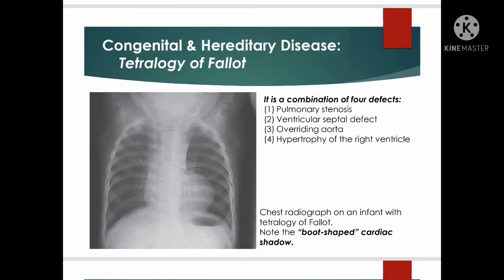Normally the aorta should arise from the left ventricle, but the aorta arises from the ventricular septal defect and overrides the right ventricle, which results in hypertrophy. This makes the boot-shaped cardiac shadow as the displacement of the heart apex. And last is the hypertrophy of the right ventricle.